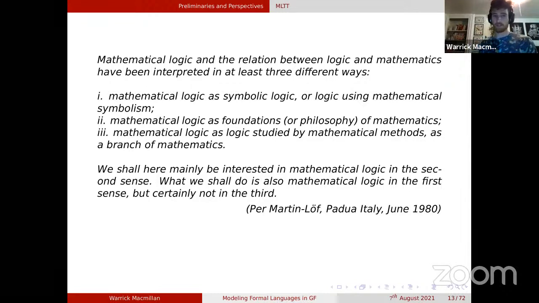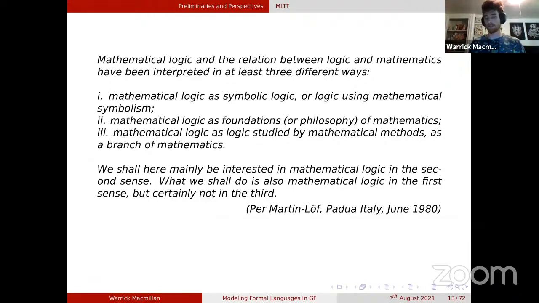So he begins with this statement: mathematical logic and the relation between logic and mathematics have been interpreted in at least 3 different ways. Mathematical logic as symbolic logic, or logic using mathematical symbolism; mathematical logic as foundations or philosophy of mathematics; and mathematical logic as logic studied by mathematical methods, as a branch of mathematics. We shall here mainly be interested in mathematical logic in the second sense.